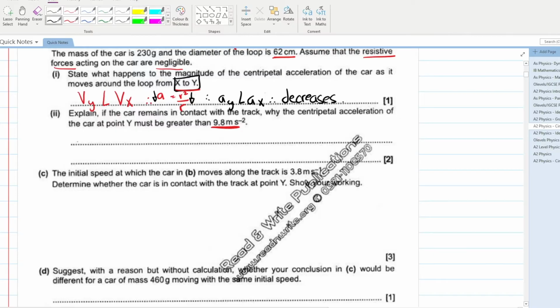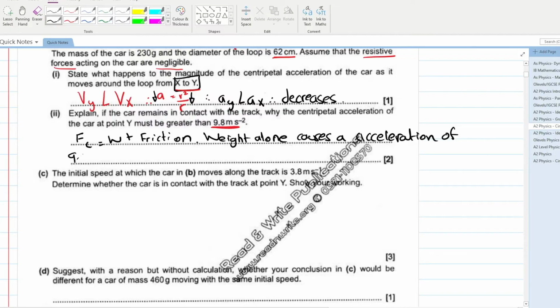So we can write here that the centripetal force at point y is equal to weight plus the friction. Then we can further write that weight alone causes an acceleration of 9.81 ms-2.